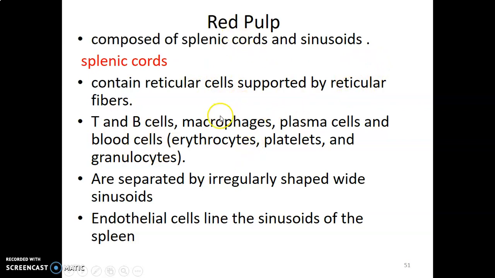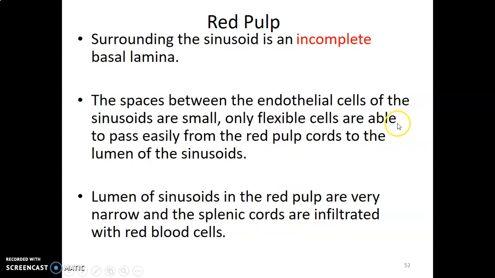We have macrophages, plasma cells, T and B lymphocytes, and also red cells, platelets, and white cells. The splenic cords are separated by irregularly shaped splenic sinusoids, the endothelial lined channels of blood within the parenchyma of the spleen.